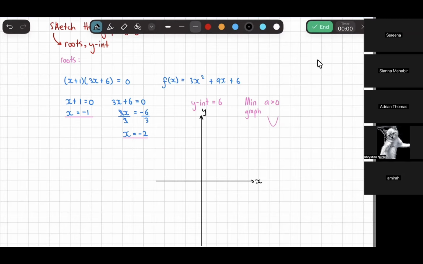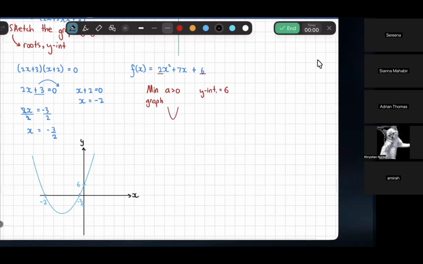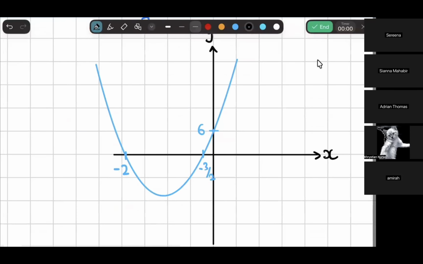Why do we really do completing the square? We do completing the square so we can figure out the highest point of the graph and the lowest point. Because, let's be honest, we already know most of the things for the graph. What are some things I know about the graph?